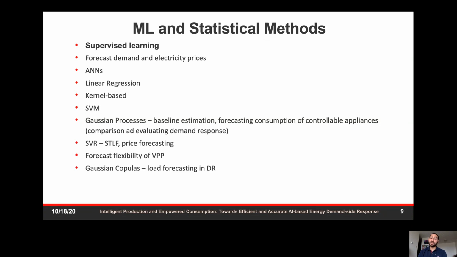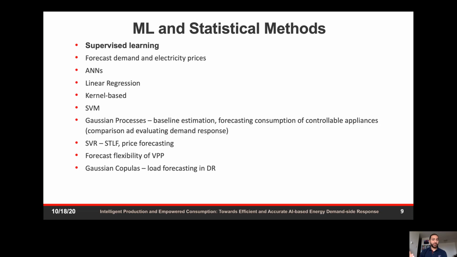Now, also EV charging demand for day-ahead demand response strategies. So taking into account when people charge their cars, their electric vehicles, and forecasting how and how much and when they will charge their electric vehicles. Photovoltaic power and short-term wind power forecasting.